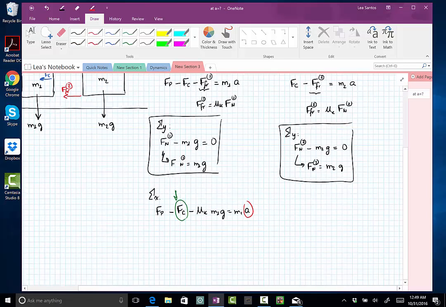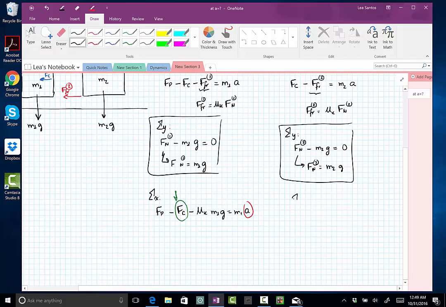So this I'm going to use to find the friction force. Let me put now everything together for box 2. I have the force of contact minus the friction. The friction is mu k Fn, which is M2g, equals M2a. Again, I want to find a.